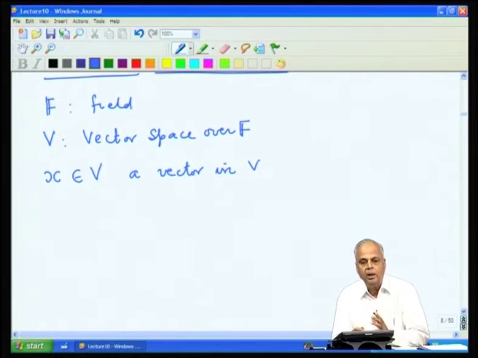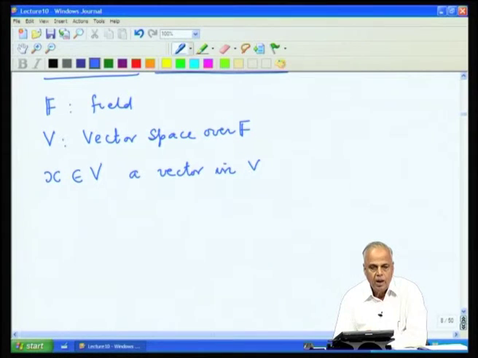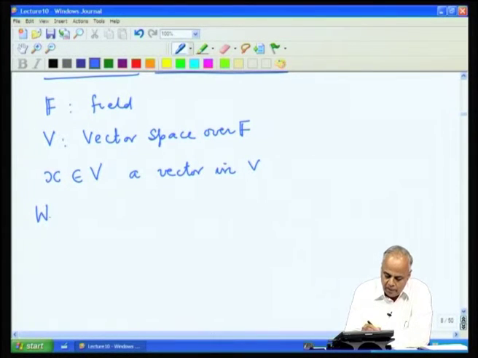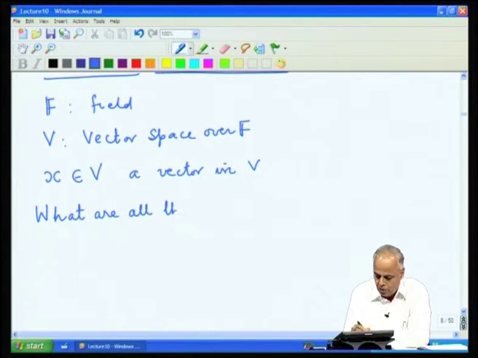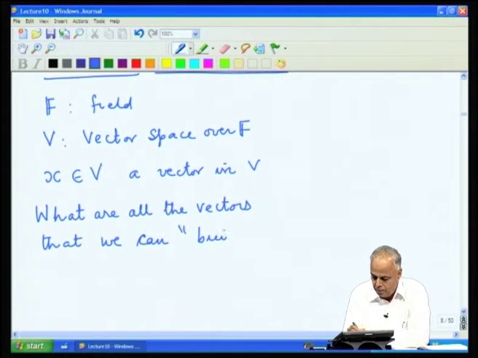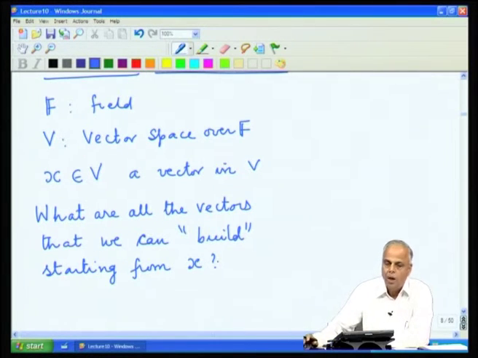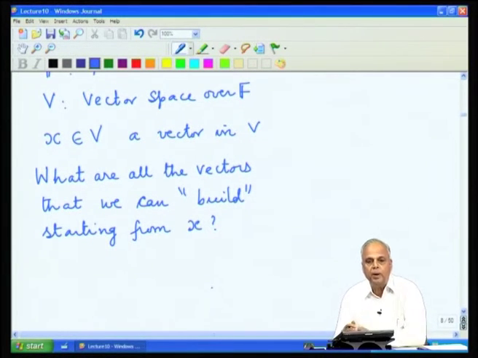So, we have a fixed vector x in the vector space V, and now we see what are all the vectors that we can build starting from x. Now, this question has to be explained further.